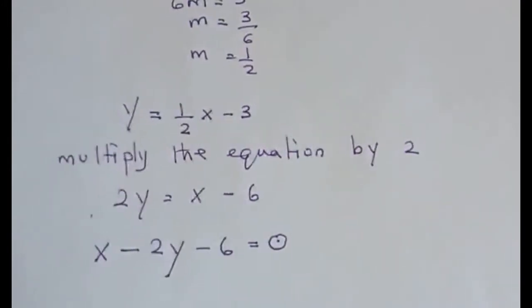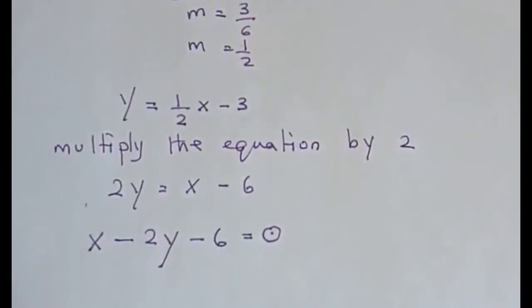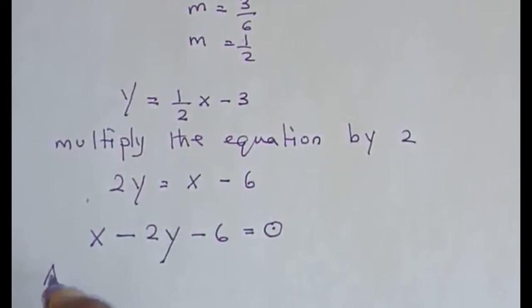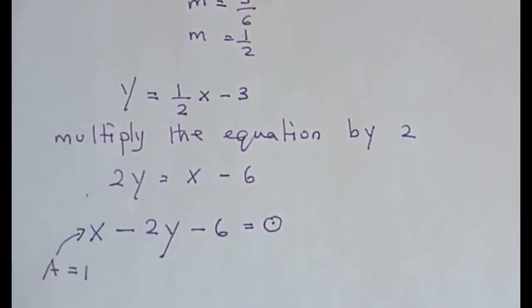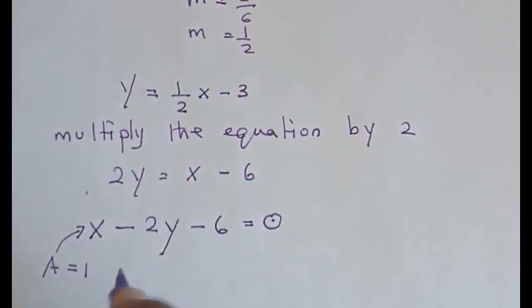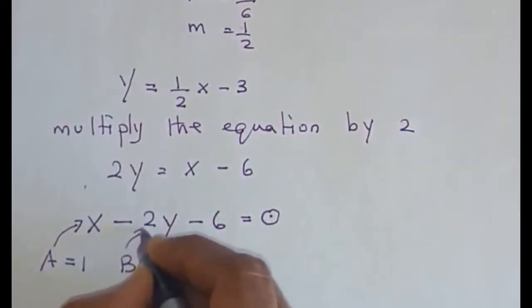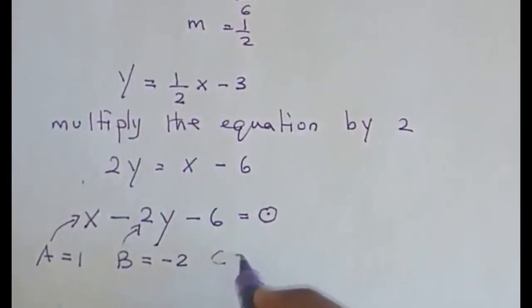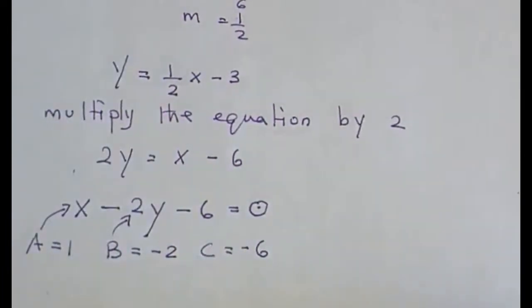Now, comparing this to ax plus by plus c, a is going to be 1 because that's the value in front of x, which we usually don't write. B is going to be -2, the value in front of y, and c is the constant, which is -6.